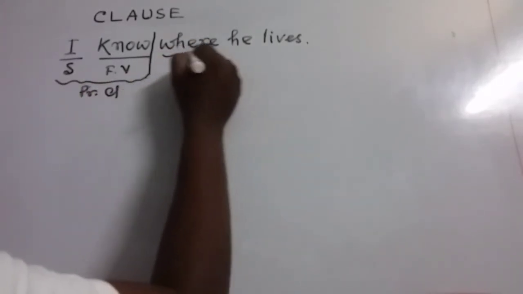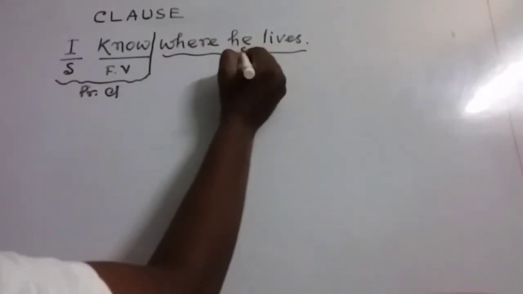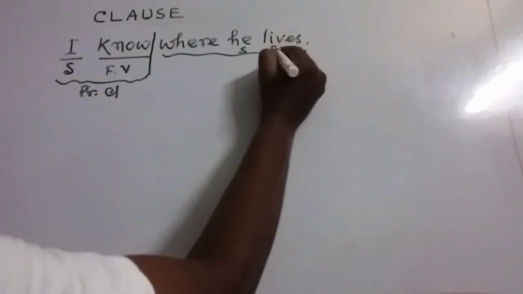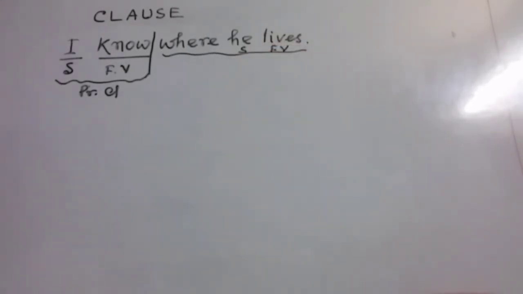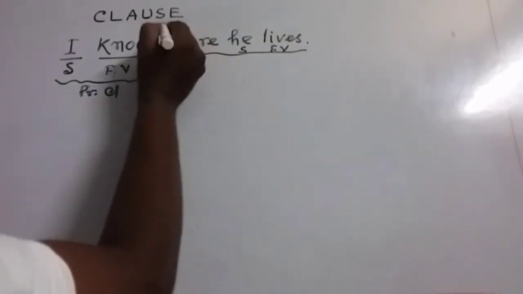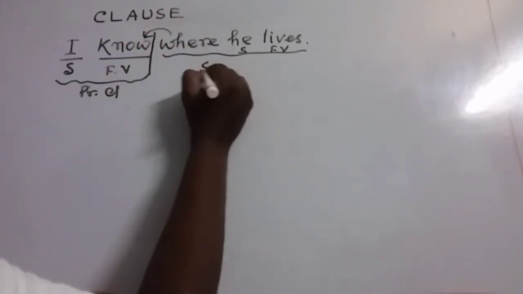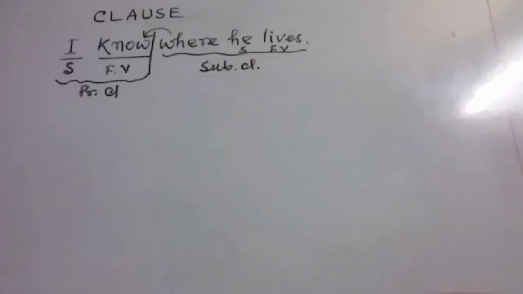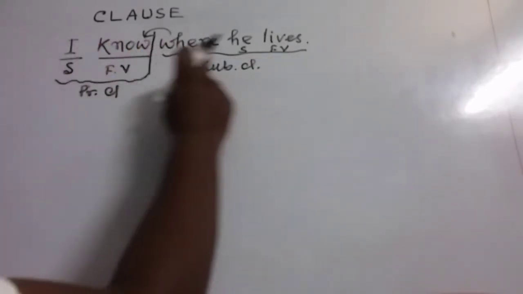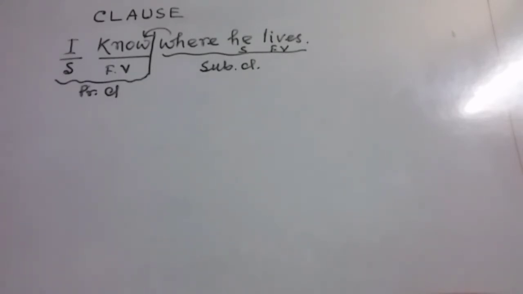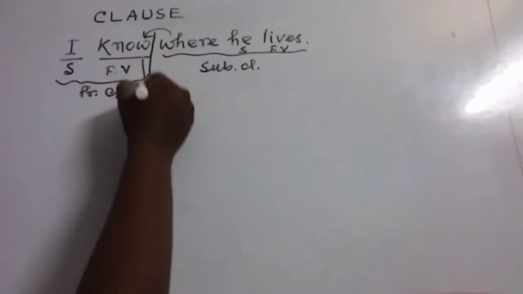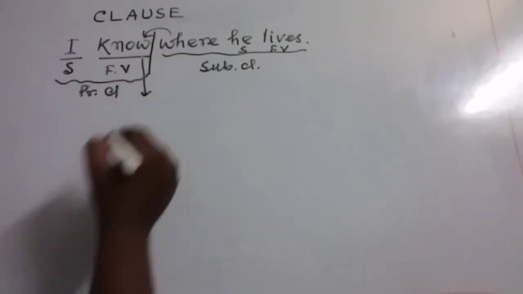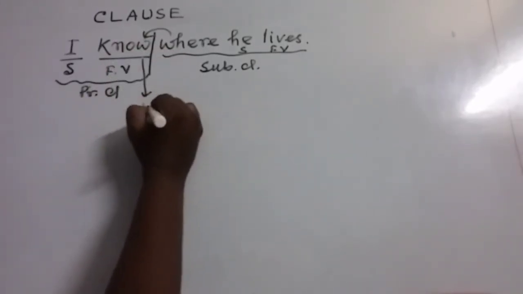And the next part, where he lives, here there is the subject, there is the finite verb. So obviously this is also a clause, but this part is dependent upon this one. So it is called subordinating clause or dependent clause. But look at this sentence, my dear friends. I know where he lives. Suppose this is the main verb and I am asking, what do I know?